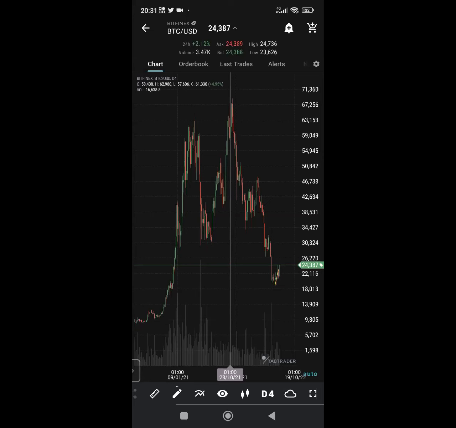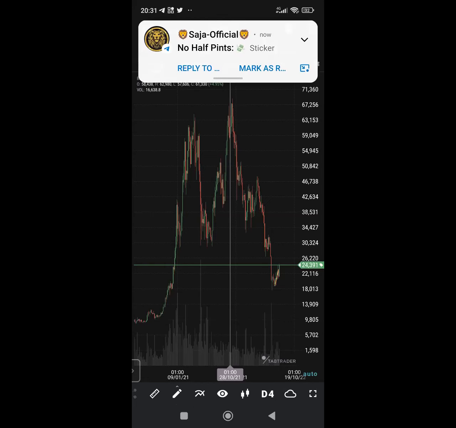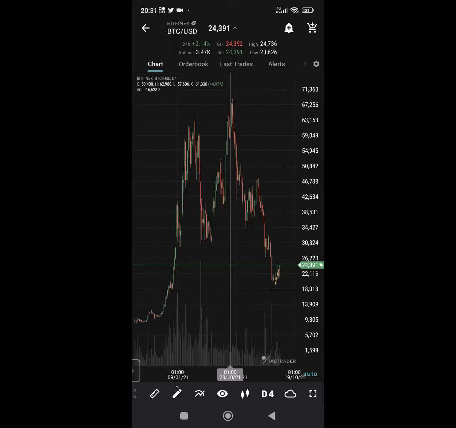Portfolio management, very important. You need to know the types of coins and how to balance your account in every type of market condition. If you can do that very well, you'll always be in profit no matter what is happening.